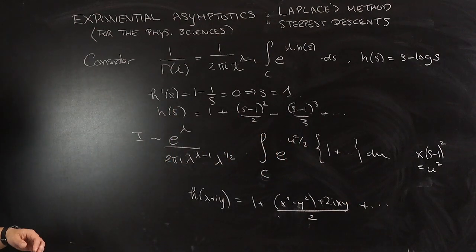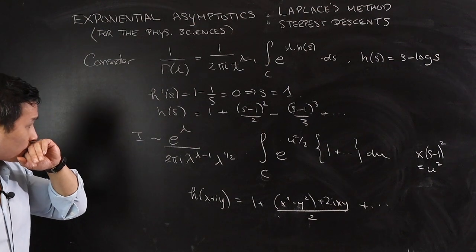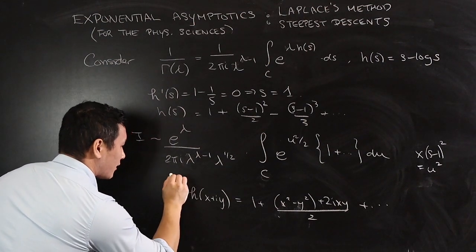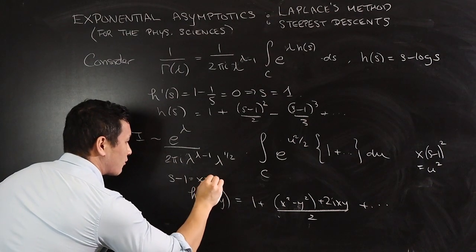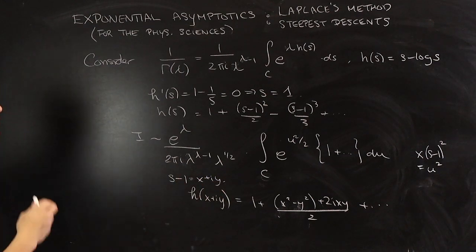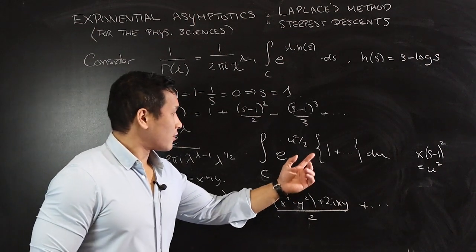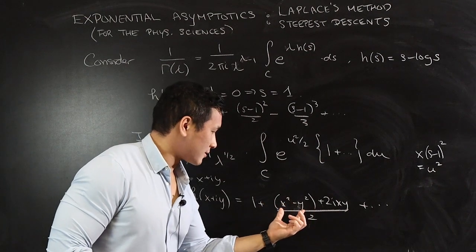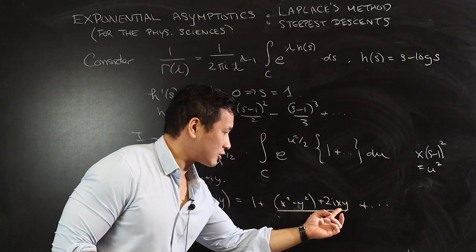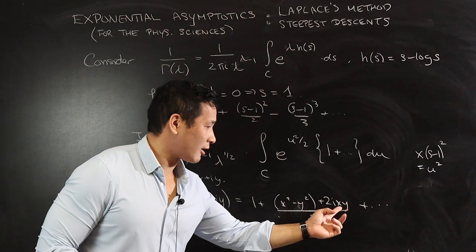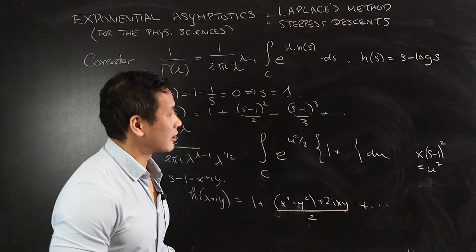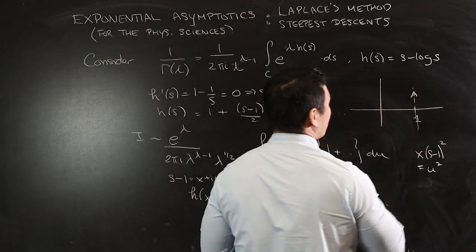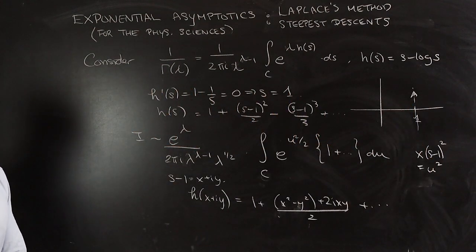And so locally, near the relevant point, sorry, I'm being a little bit quick here. I want to let s minus 1 be x plus iy. I understand it's a bit confusing. I then make this into an (x plus iy) squared. And the point is that the imaginary part of h will be constant along x equal to 0. So it's along this point 1. And that's why the local path of steepest descent has to move upwards.